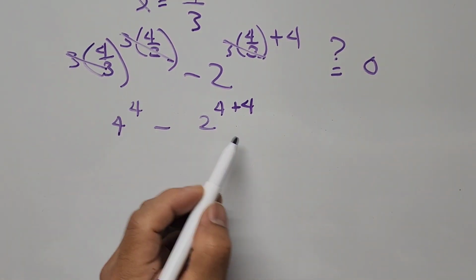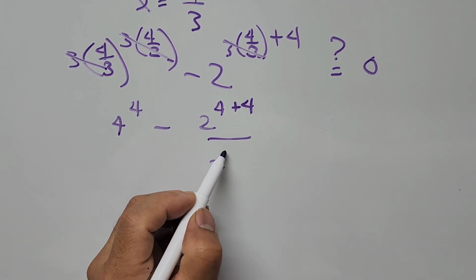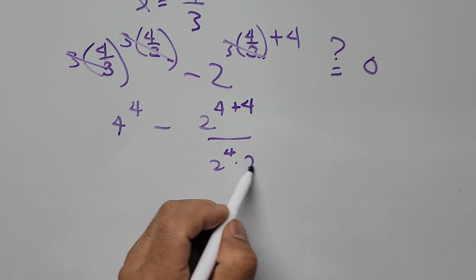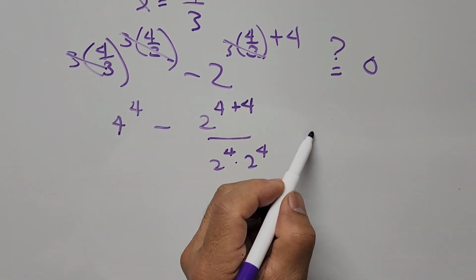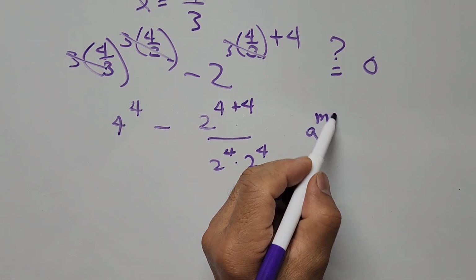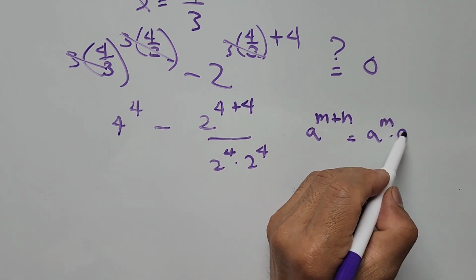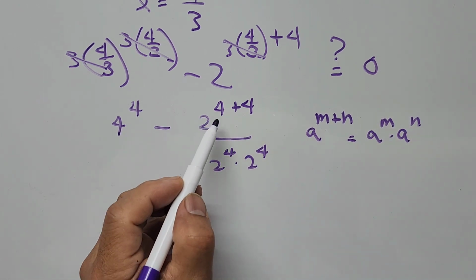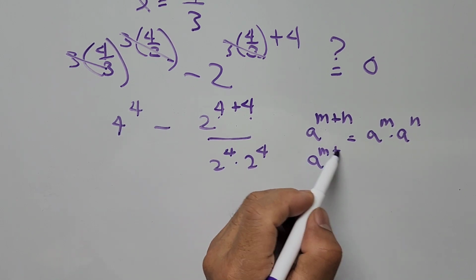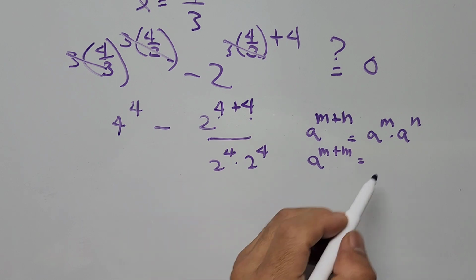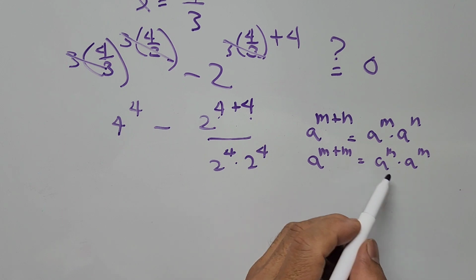This part is written as 2 to the power of 4 times 2 to the power of 4. We're applying the same formula as earlier, a to the power of m plus n equals a to the power of m times a to the power of n. In our case the exponents are the same, so a to the power of m plus m is a to the power of m times a to the power of m, where m is 4.